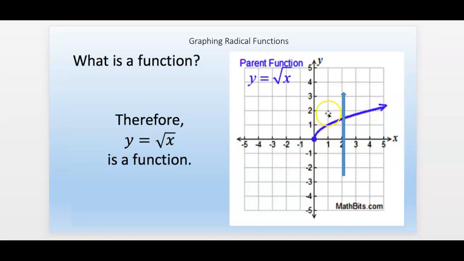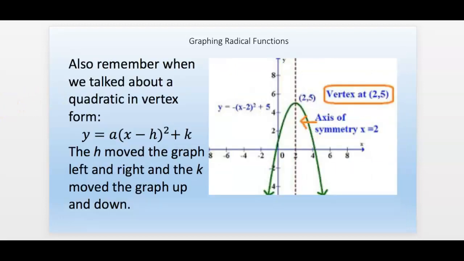Then you can go up 1 over 3. It's the opposite of the quadratic. Guys, also remember when we talked about the quadratic in vertex form, it looked like this. The h moved the graph left and right. Remember this? This is when we did quadratics. The k moved the graph up and down.